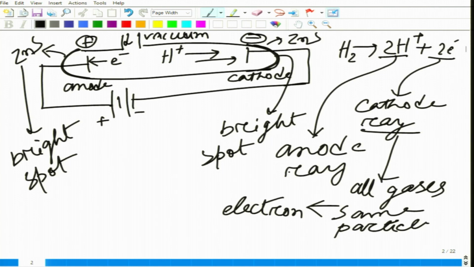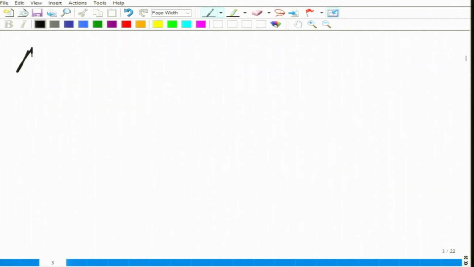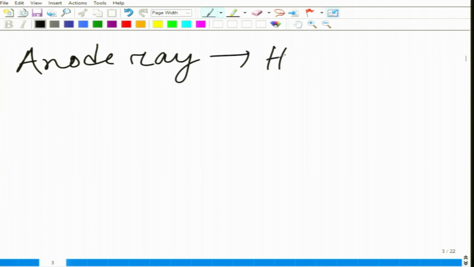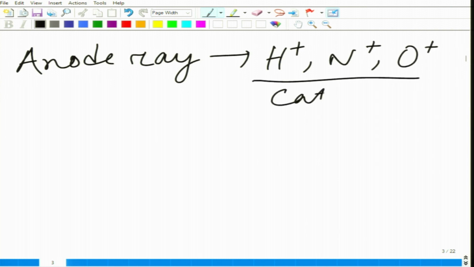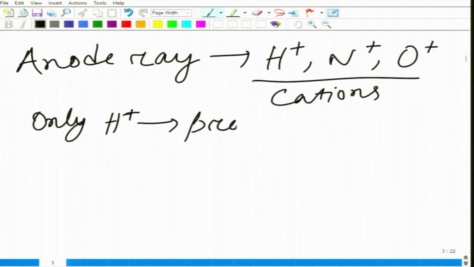While for the anode ray, something was different. For anode ray, these particles were actually cations. Only H+ is proton.